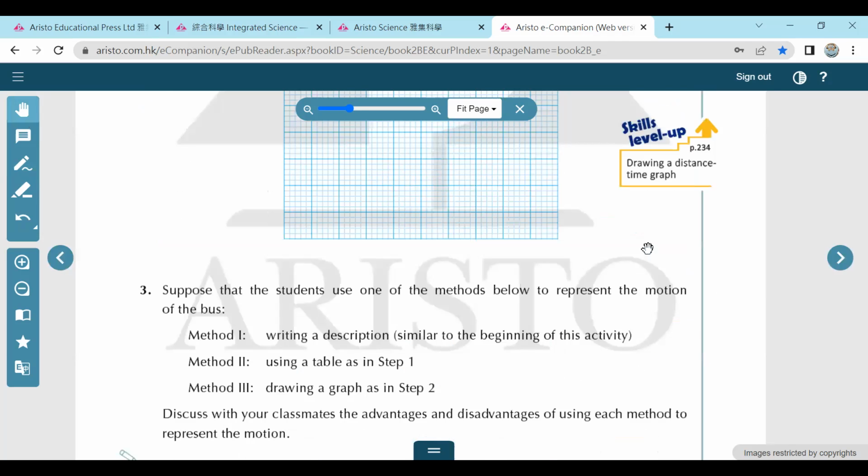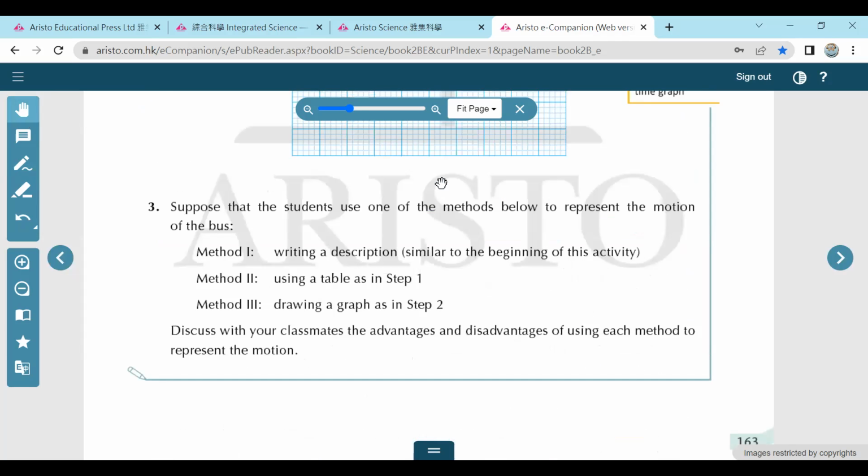Suppose that the students use one of the methods below to represent the motion of the bus. Method 1, writing a description. Method 2, use the table as in step 1. Method 3, drawing a graph as in step 2. Discuss with your classmates the advantages and disadvantages of using each method to represent the motion. You discuss.